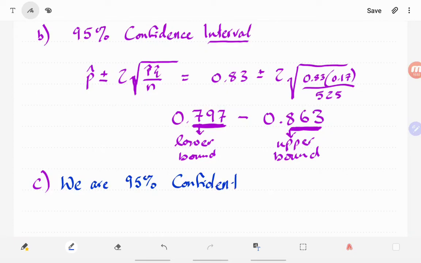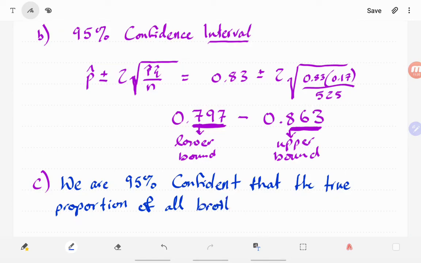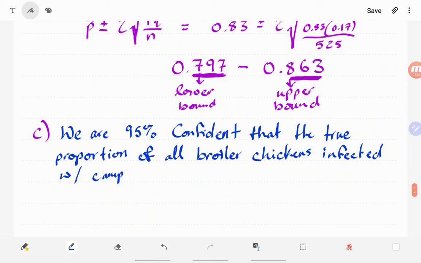So we are 95% confident that the true proportion, what we're looking for, of all broiler chickens infected with this bacteria, Campylobacter, or whatever, Campylobacter, as they say in Appalachia.